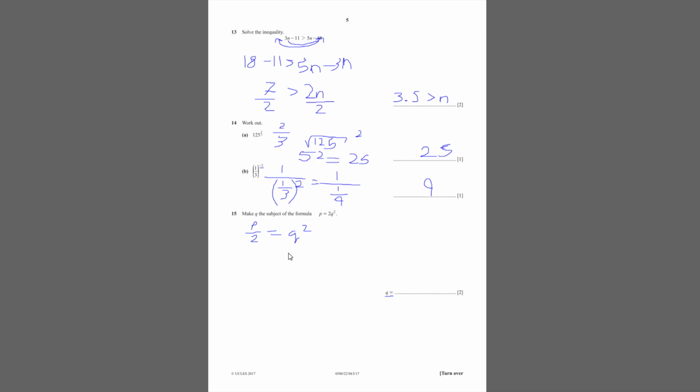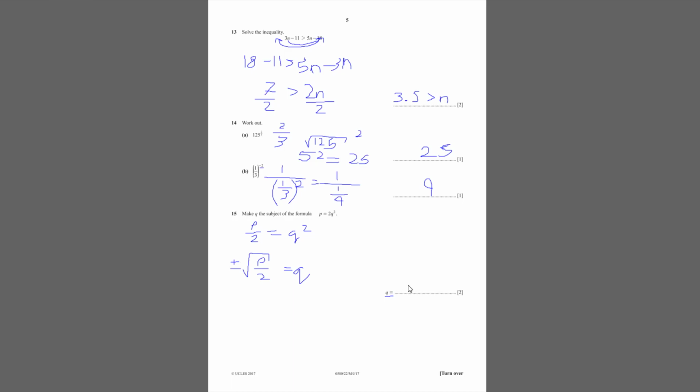Now once we have this, we have to get this squared away from the q. So we're going to do the same and move the square onto the other side, which means we're square rooting it. And if we square root both sides, we get square root of p over 2 equals q. But remember, a square root can be plus or minus.